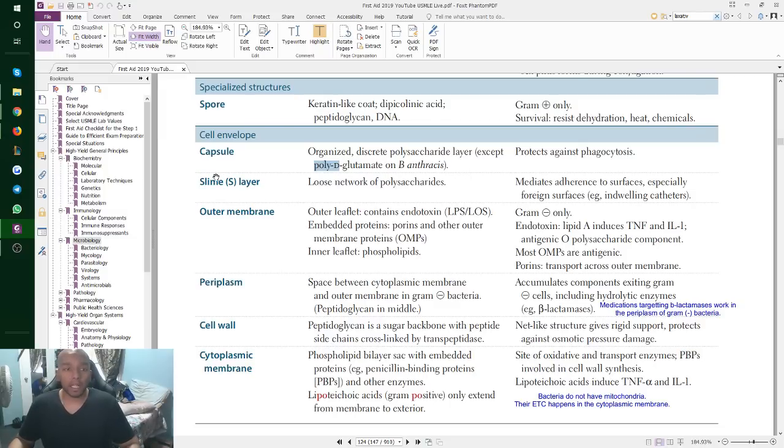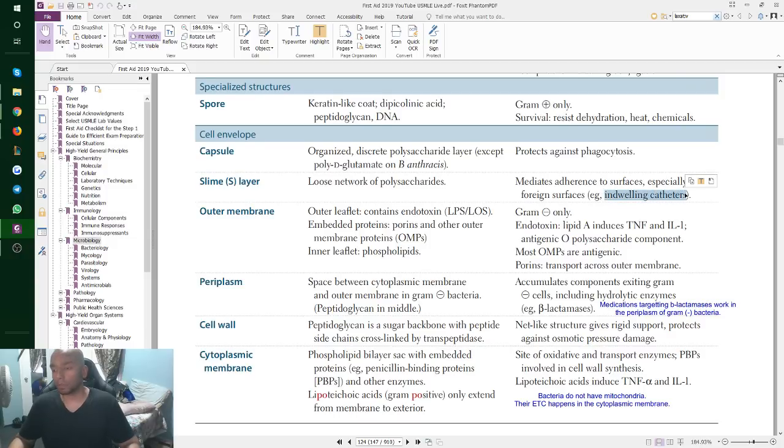There's something called a slime or S layer, right? The S layer is a loose network of polysaccharides, and it mediates adherence to surfaces, especially foreign surfaces like indwelling catheters, right? So a lot of bacteria, parasites, viruses, but for now, we're talking about bacteria. You have to associate specific scenarios to certain bacteria, especially when it comes to pneumonia, right?